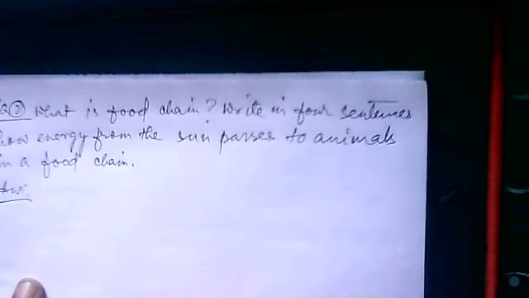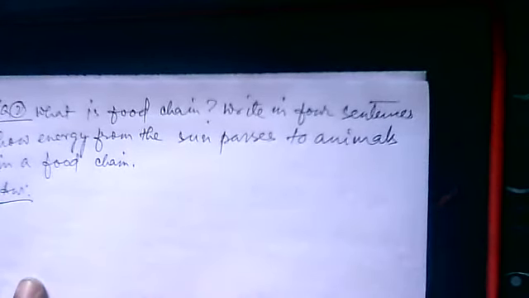Okay, and similarly we get meat from the cows, and we get energy. That we call food chain.